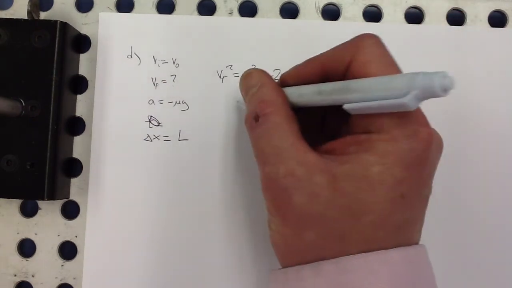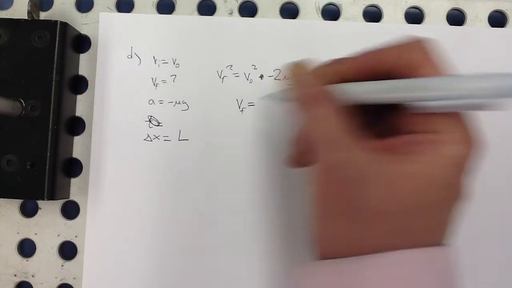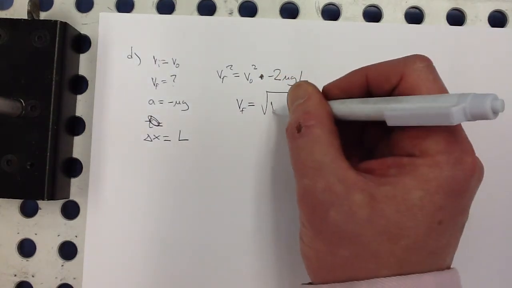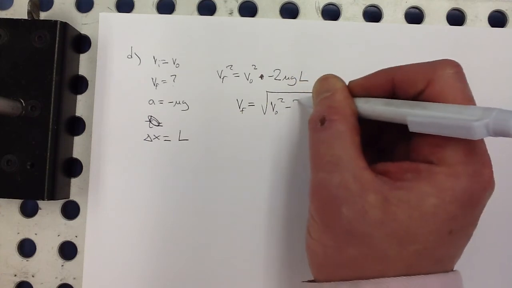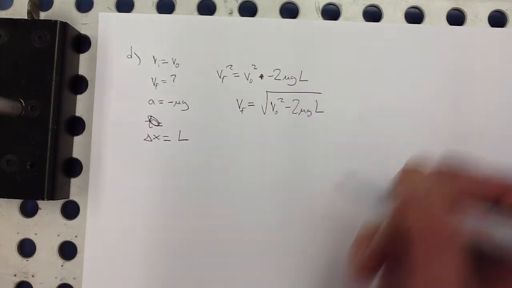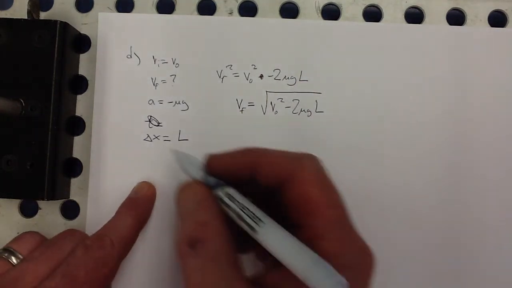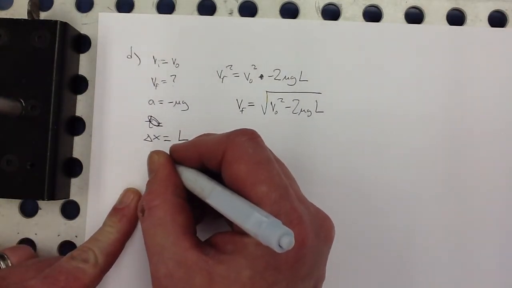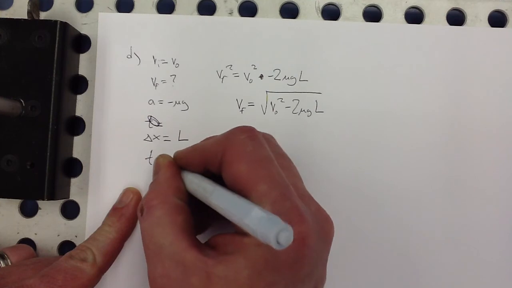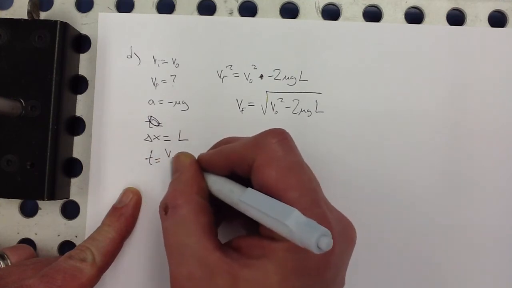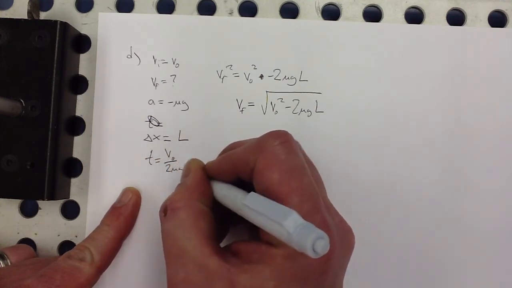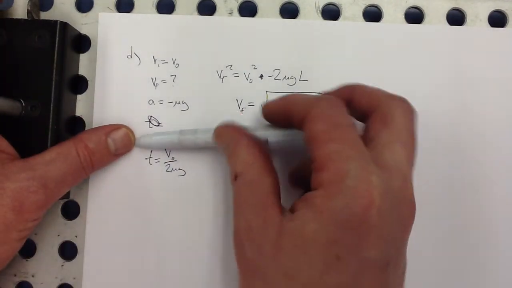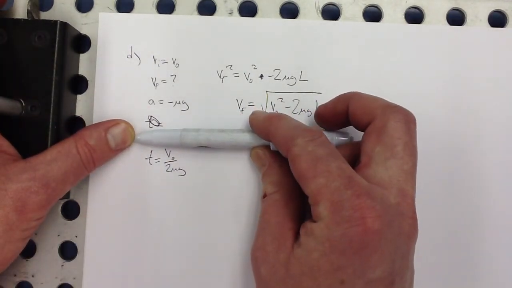So the velocity as it comes out of the patch of friction is going to be the square root of v sub 0 squared minus 2 mu g L. Let's try doing it the other way. I also knew from my last part that our time is equal to v sub 0 over 2 mu g. So that should have also worked. So let's get it in terms of those things instead. See how that looks.